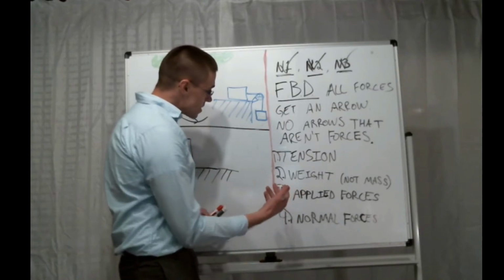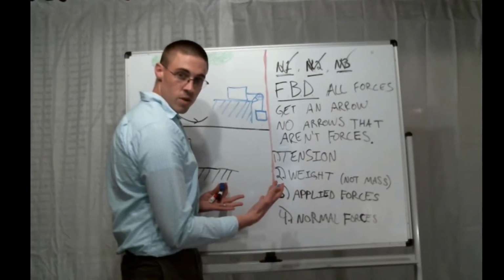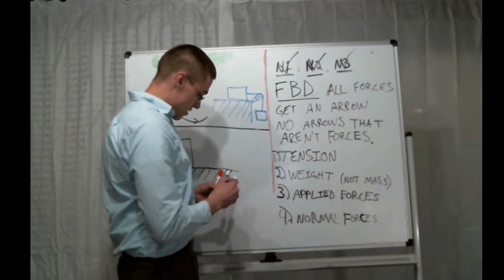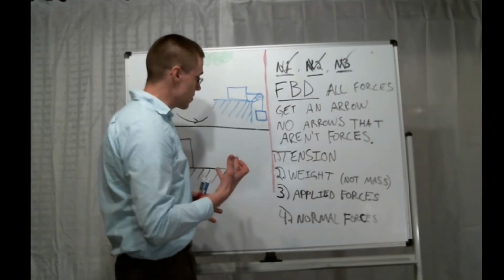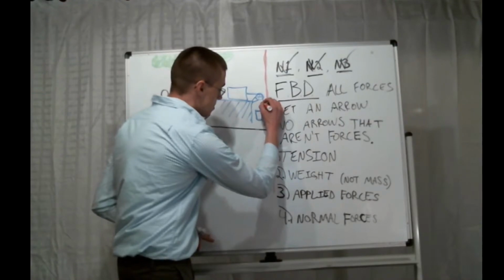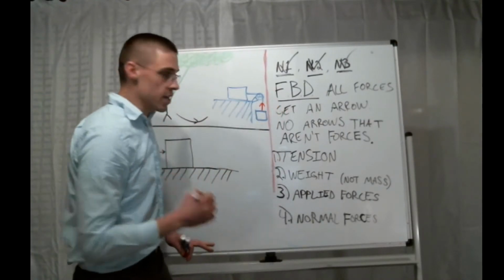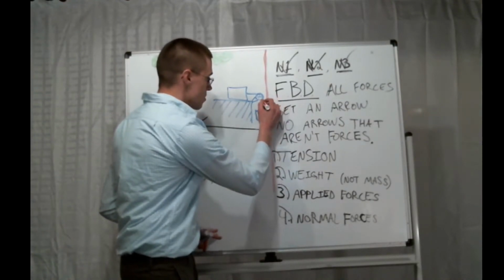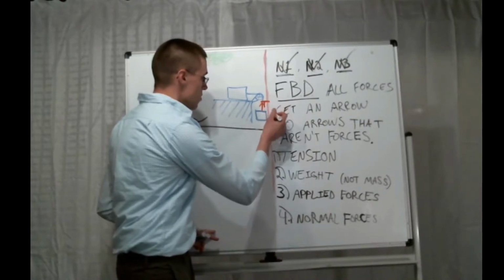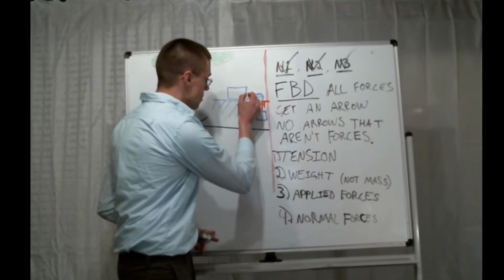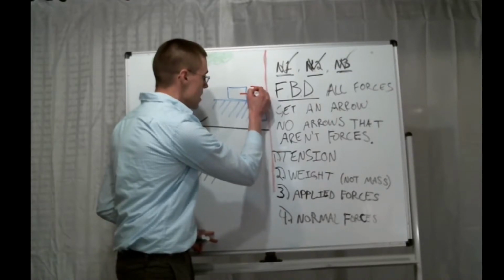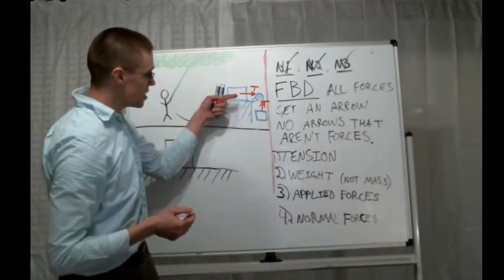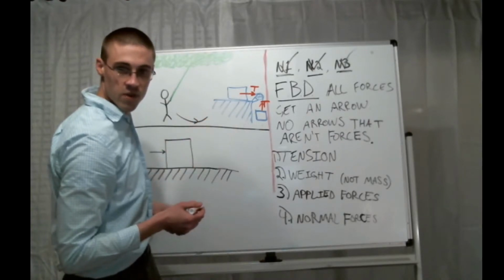Now, the magnitude of the tension force is the same everywhere along the string, which means that if I take red to be the color of the forces that I'm going to draw in my free body diagram, there's going to be a tension pulling up there. Okay, I'll label that T. There's also going to be a force exerted on this box there, right, that's going to have the same magnitude, T, but obviously it's pulling in a different direction there, right?